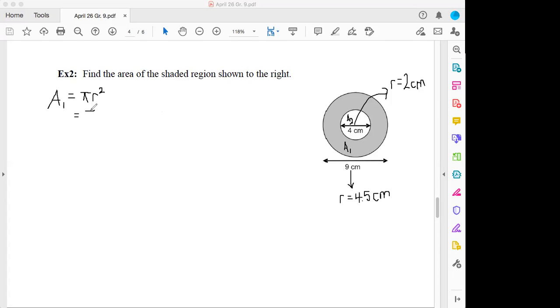The radius of our first circle is 4.5. So 4.5 squared becomes 20.25.